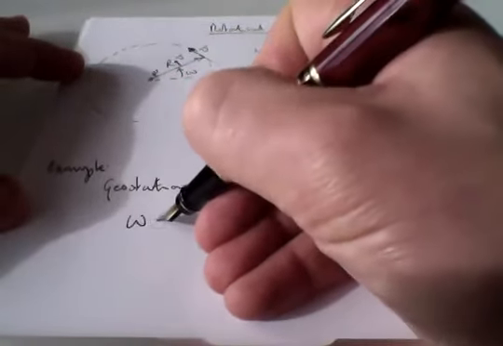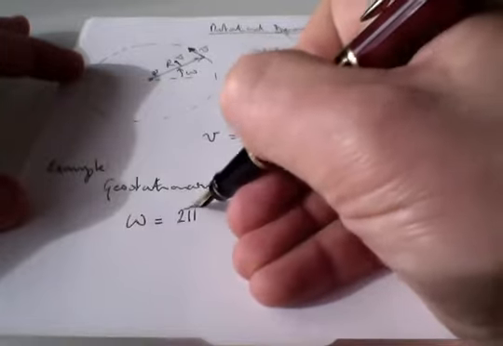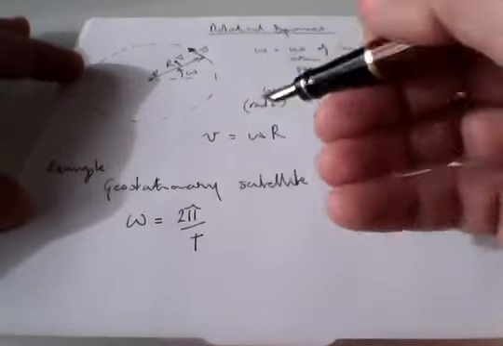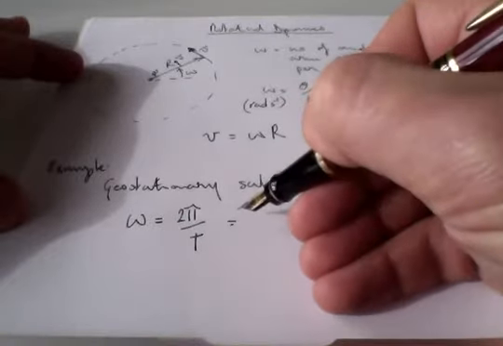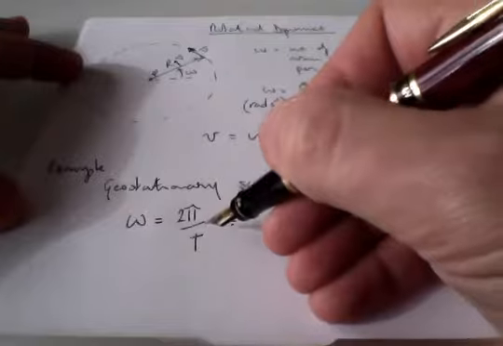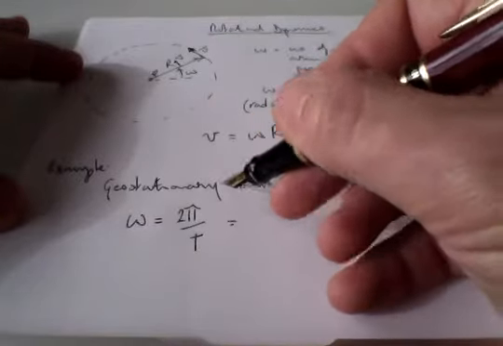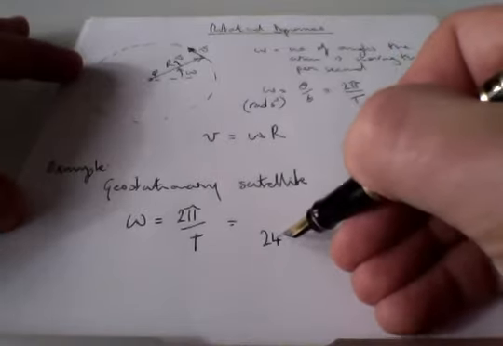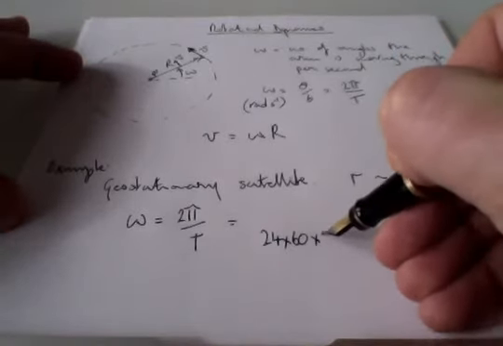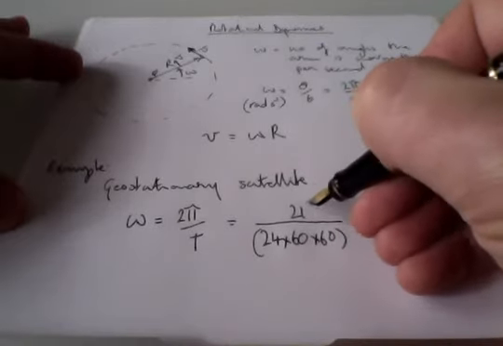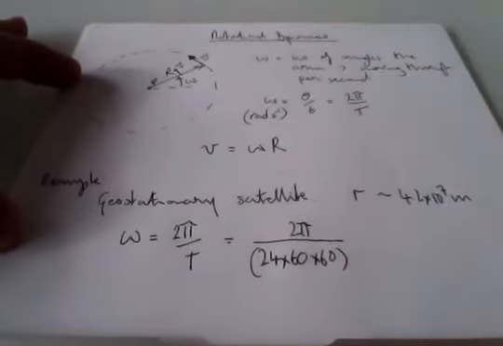Okay, omega is going to be one complete turn divided by the time period. And because it's geostationary, we know that it takes the same time to go around the Earth as the Earth takes to go around its own axis, which is 24 hours. So our time period is 24 hours, and of course we need to convert that into seconds, because this is the number of radians per second.